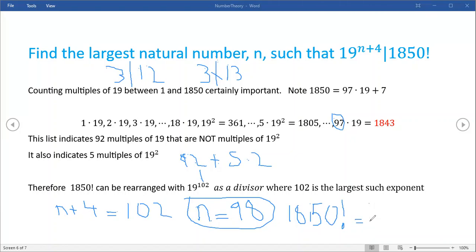19 raised to the 102 power. And y'all, I'll just put parenthetically all the other numbers that are present in the factorial expression.